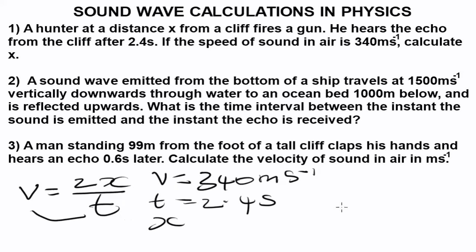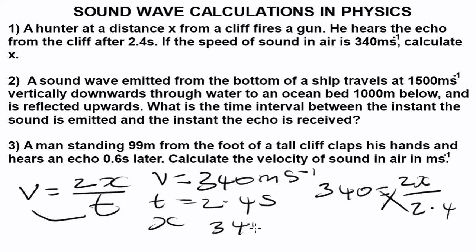When you do it, you're going to have 340 equals 2 times x over 2.4, so cross multiply. You're going to have 340 times 2.4 equals 2x.